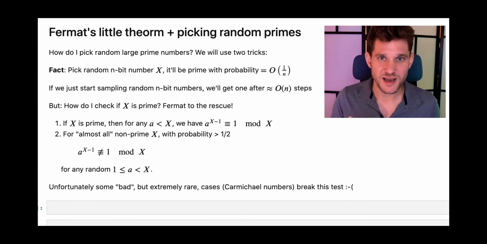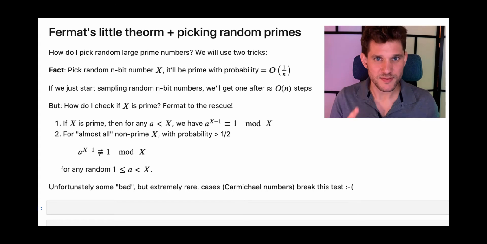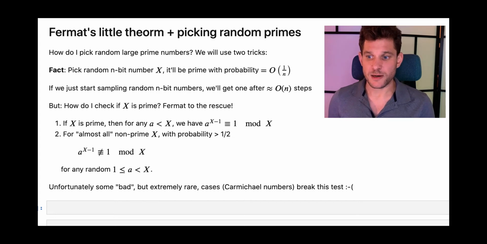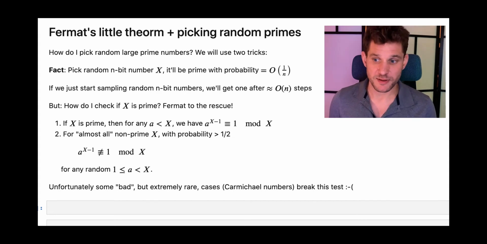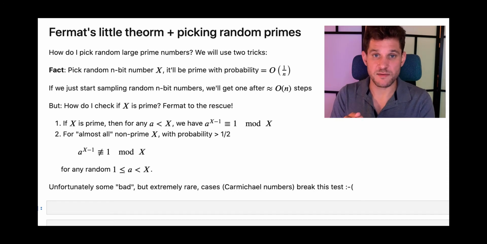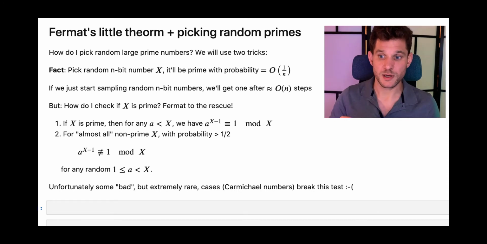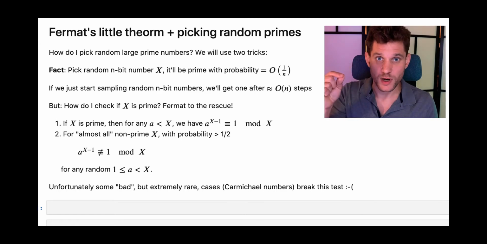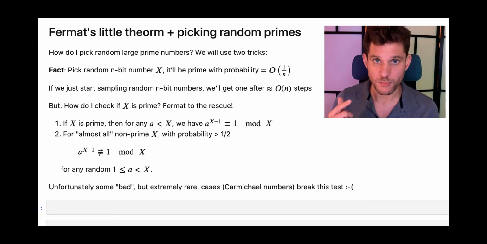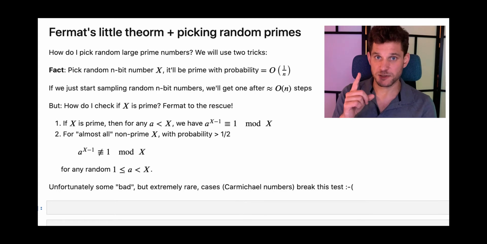The only issue is, how do we check if a number is prime or not? That's actually a difficult question, but we have Fermat's little theorem to help us out. We proved in the last segment of the lecture that if we take some prime x, and some base a from 1 to x minus 1, then a to the x minus 1 is going to be congruent to 1 mod x. That's a special fact for prime numbers x.